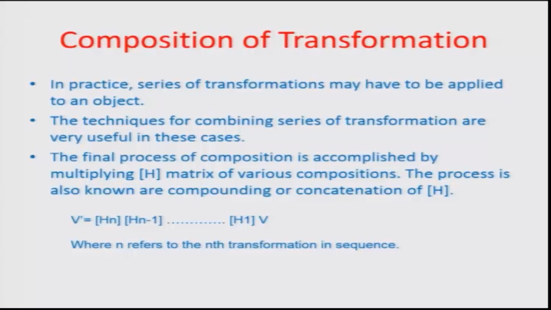And when we are talking about multiple operations done to a single object, obviously there has to be a combined form of equation to compute the final coordinates given the initial coordinate values.